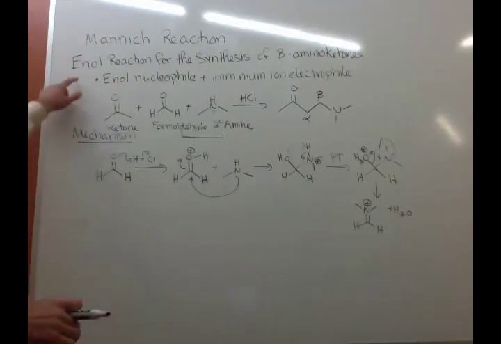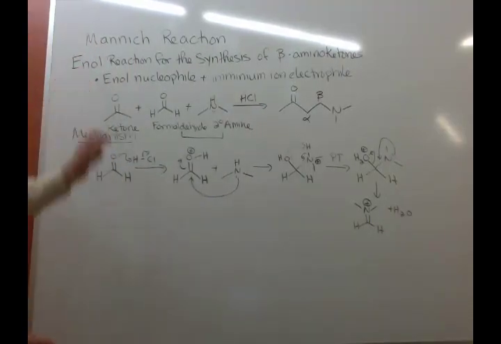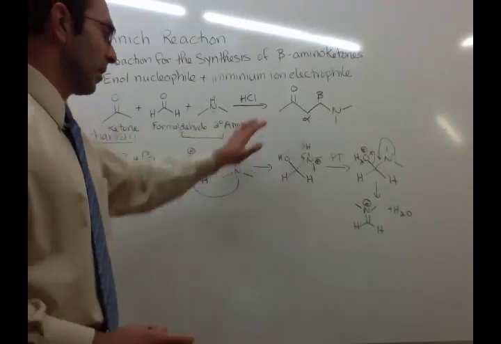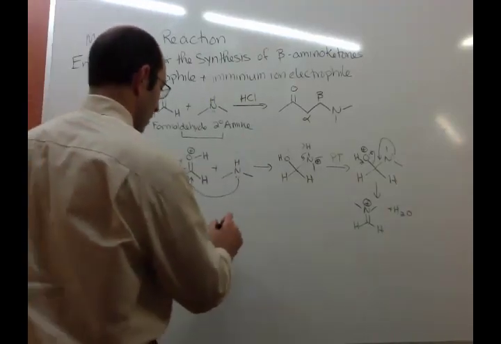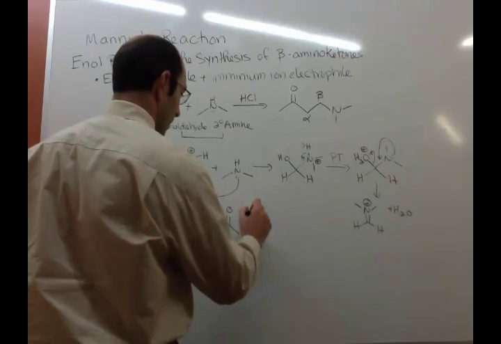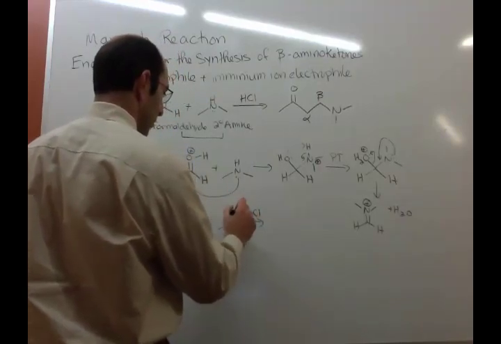And as we set up here, our nucleophile is going to be an enol, so let's generate our enol, and then we can see how the enol reacts with the iminium ion to give us the beta amino ketone. So if we start with acetone, again, we can react that carbonyl with HCl as well.